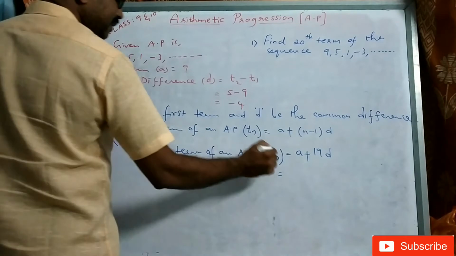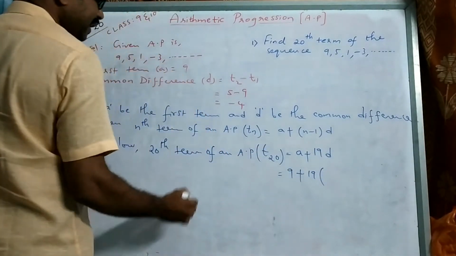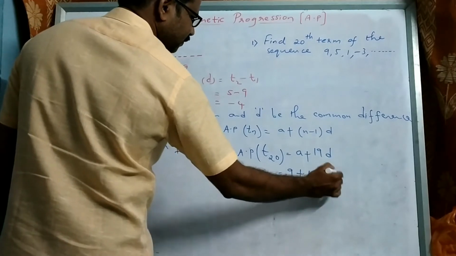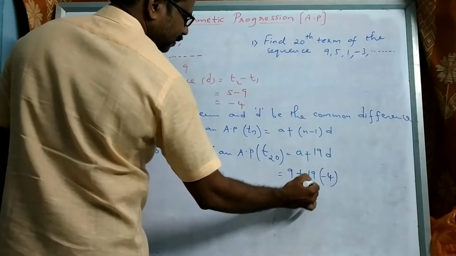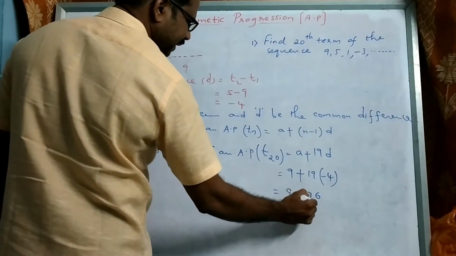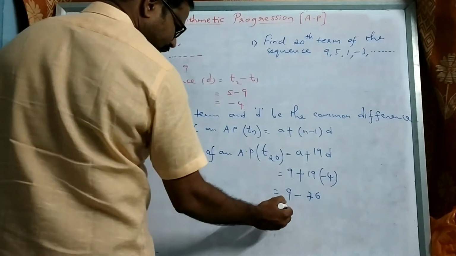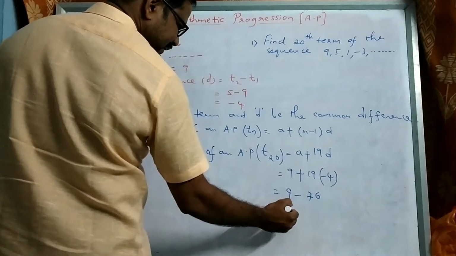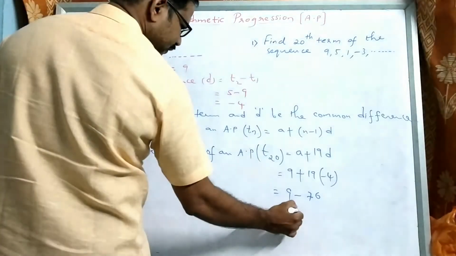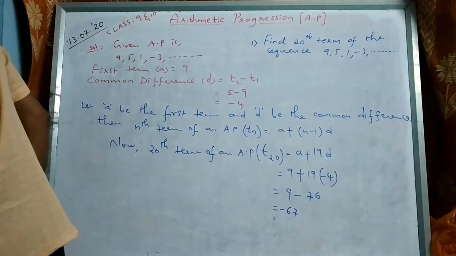What is a here? a is 9, and d is minus 4. So 9 minus 19 times 4: 4 nines are 36, 4 ones are 4, plus 3 is 7, so 76 minus 9 is 67, which is minus 67, right?